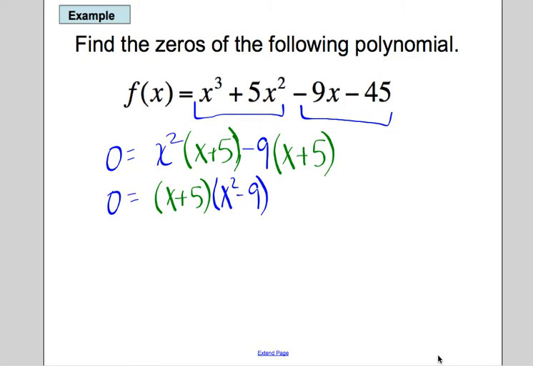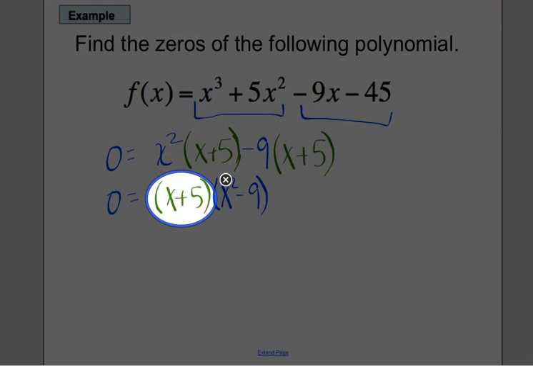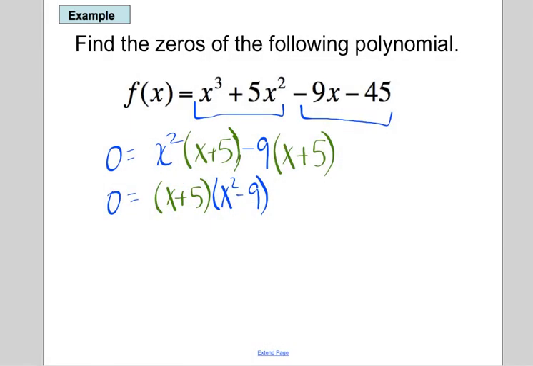Now, the two pieces you're left with, the x plus 5s, they have to be the same. If they're not the same, then this factoring by grouping doesn't work. We want them to be the same so that we can pull them out into the front. Notice when we pull them out into the front, there's only one of them there because we're just taking it out of both pieces. If I were to distribute that back in, you'd get the previous step.